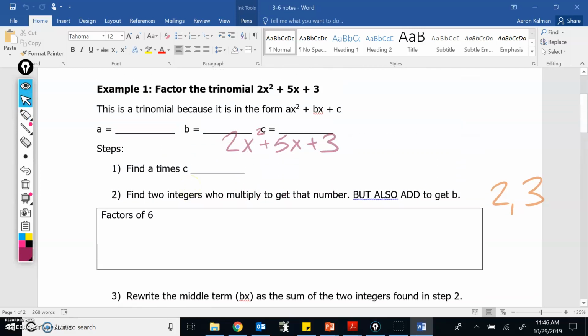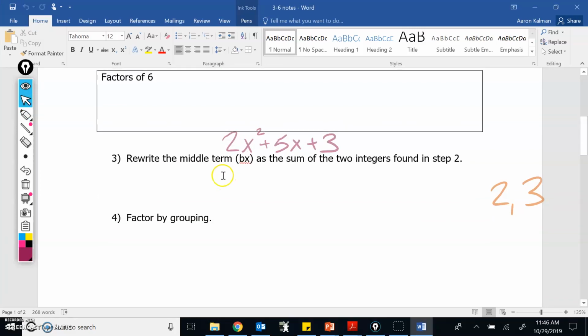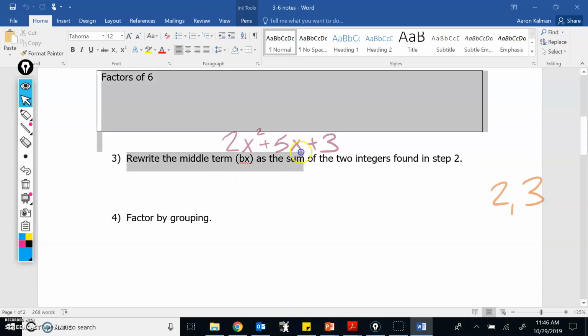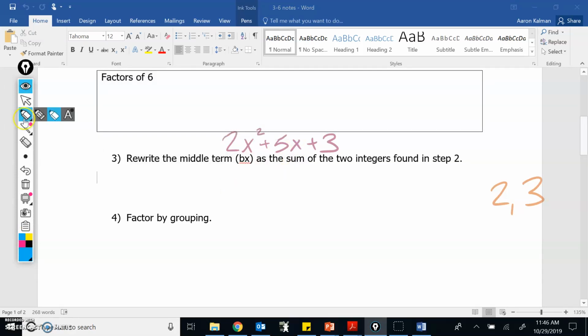Let me just double check. Yeah, there we go. So instead of writing 5x right there, I'm going to write that as a 2x and a 3x. Everything else stays the same here and here. Again, the only thing that's changing is the middle.